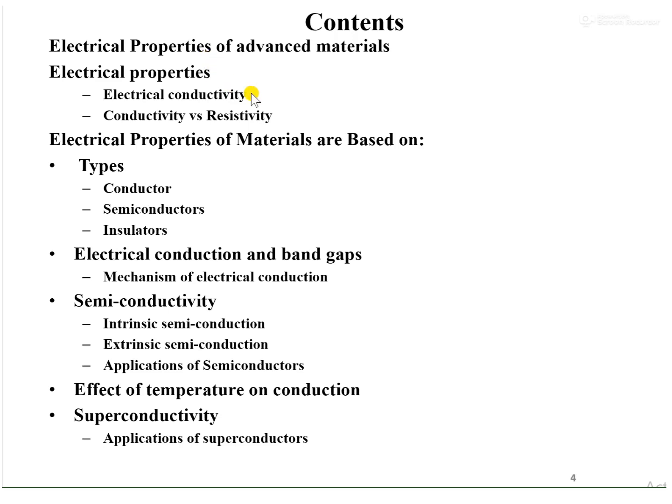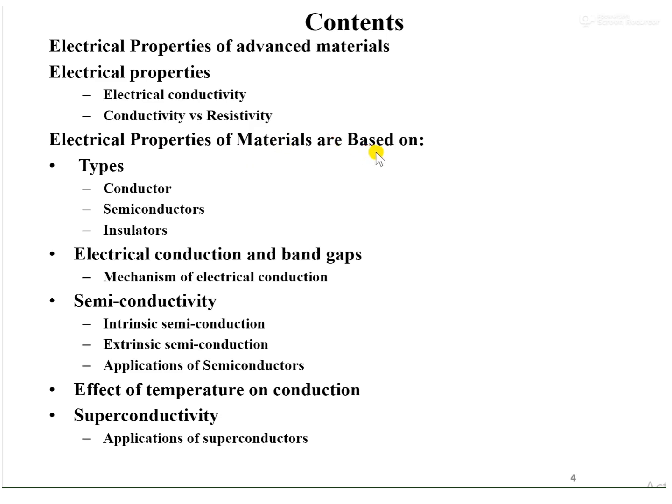First, we will talk about electrical conductivity, and then we will discuss conductivity and resistivity, and what the difference is between them. And next we will discuss electrical properties of materials, and what we can study if we are studying electrical properties of materials.